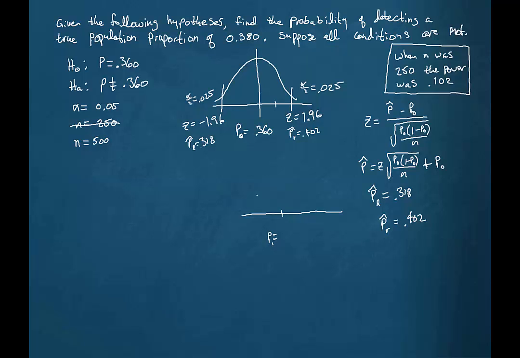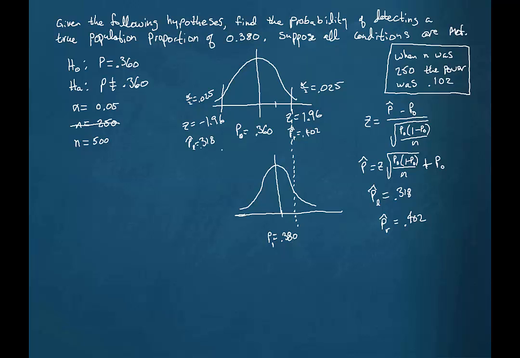We have our hypothesized proportion, but if our actual proportion is 0.380, then we'll give it its own subscript, a 1. If our sample size remains the same, then our distribution should remain the same in every regard except a shift to the right. So now this 0.402 projects here, much closer to the population proportion than it was here when the hypothesized population proportion was 0.360.